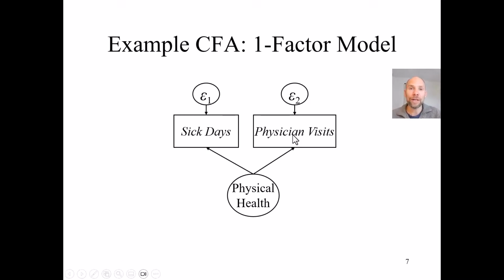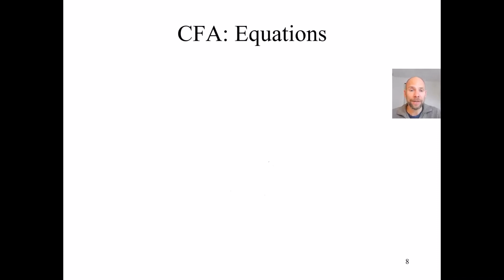They will be correlated positively, we hope, reflecting that they both measure the same common cause, the same factor. And so that covariance between those two measurements is what, roughly speaking, allows us to identify the variance of the latent variable physical health. So this is how this works conceptually. Now let's take a look at the equations here.